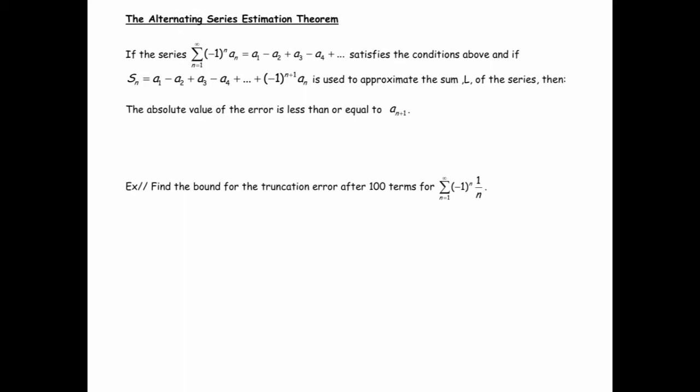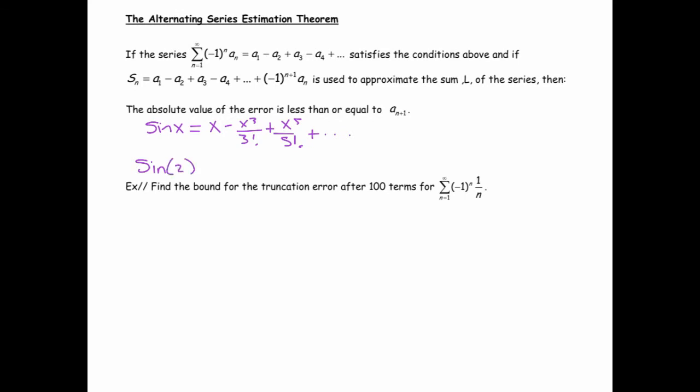Now the nice thing about alternating series is that they're easy to analyze for error. For example, we know that sine of x is equal to x minus x cubed over 3 factorial plus x to the 5th over 5 factorial, etc. So let's say we wanted to approximate sine of 2.